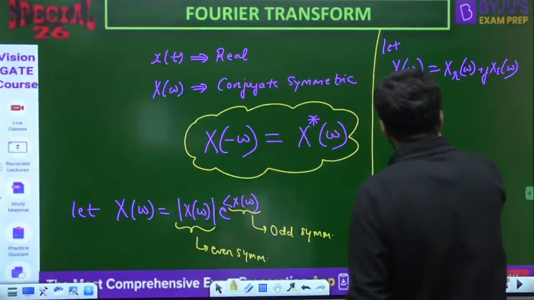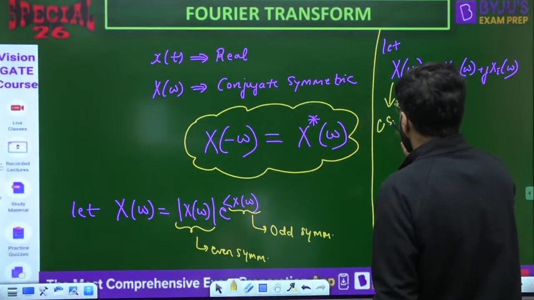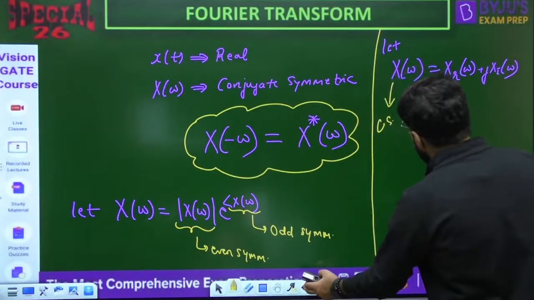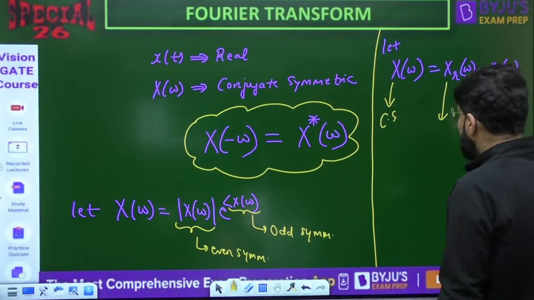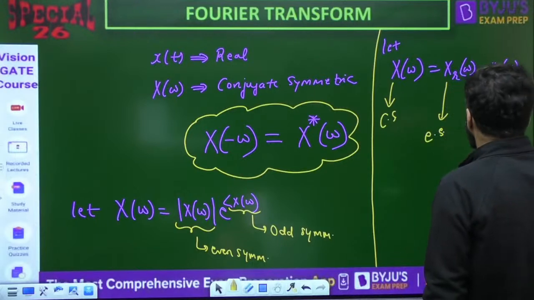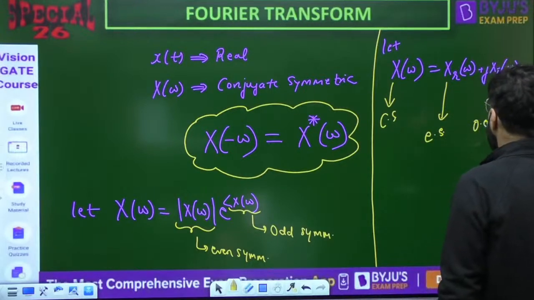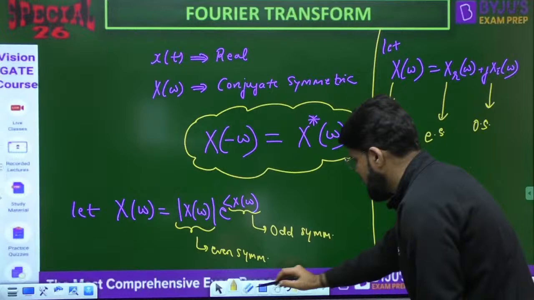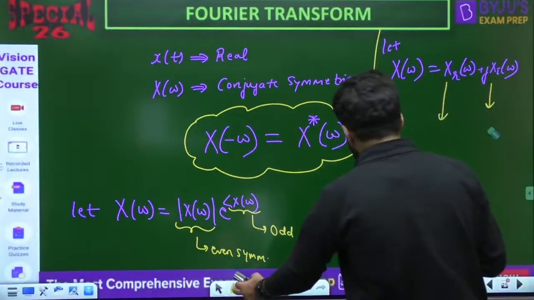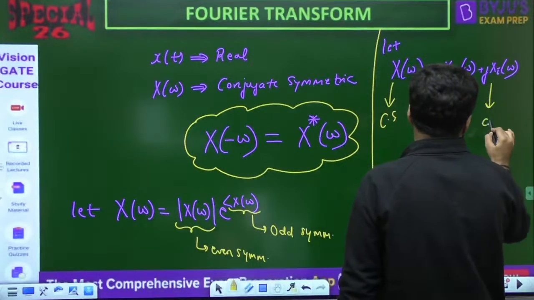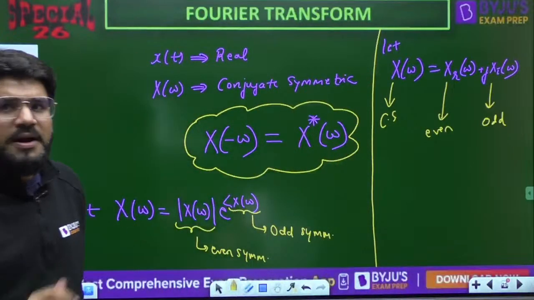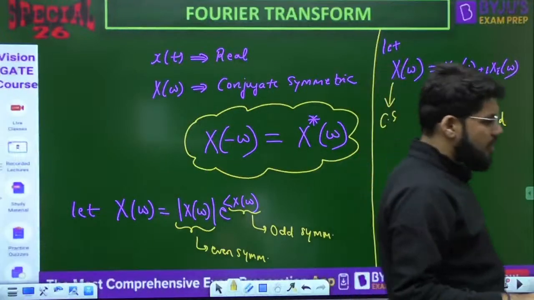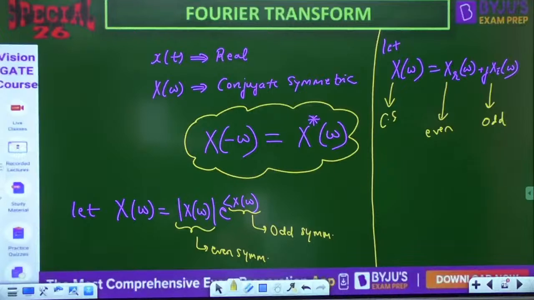If X omega is conjugate symmetric, as I have been telling you for a real signal, its real part will come out to be even symmetric again, and the imaginary part will turn out to be odd symmetric. That also you must know. If you split into the Cartesian form, the real part will be even symmetric and the imaginary part will be odd symmetric.